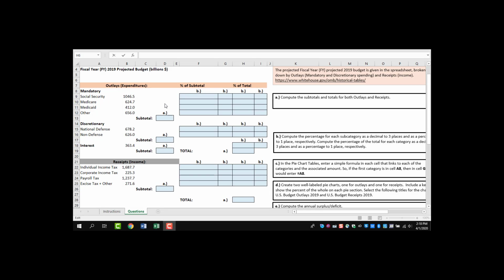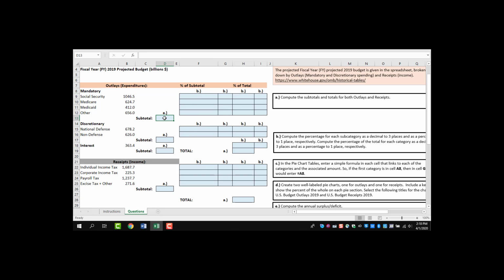Okay, so here is the only Excel file in Chapter 4. And this is called budgets. These are mandatory budgets. These are the main ones, and there are thousands of other ones. That means it's mandated by law. And the first thing they want you to do here is compute the subtotals and the totals.